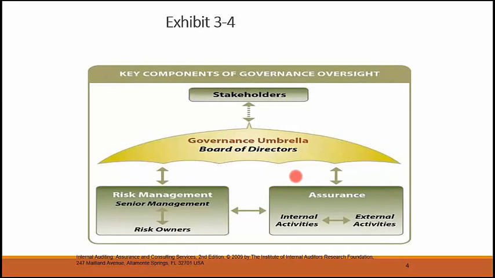So one of the things that the board is interested in is making sure that management is actually providing information to them that is appropriate. So what does management provide? Well, management provides a lot of things, primarily through the financial statements.